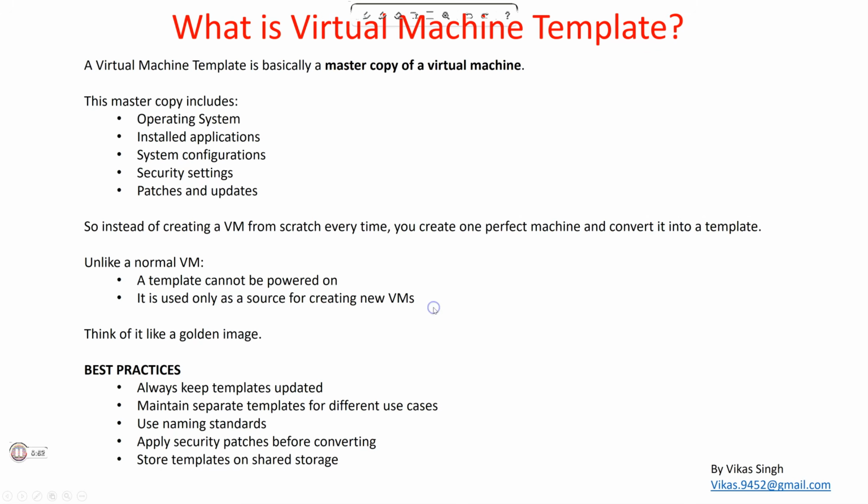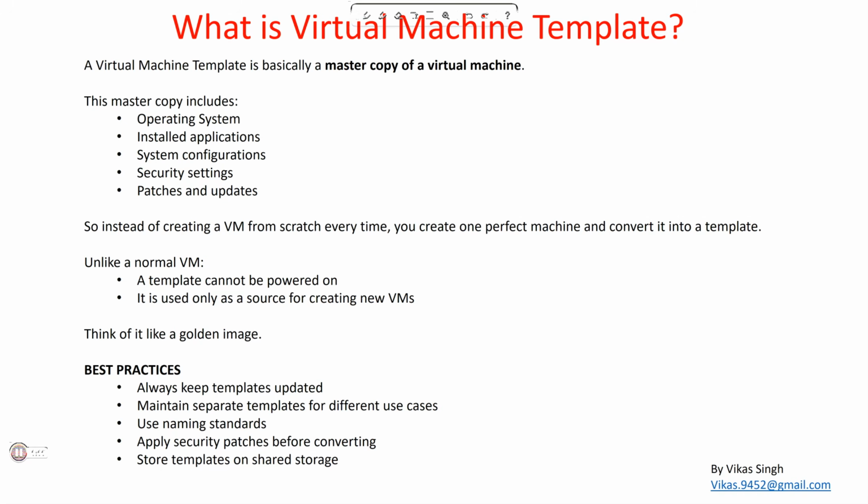So the very first and basic question: what is a virtual machine template? You can consider a virtual machine template to be a master copy of a virtual machine. This master copy includes the operating system, installed applications, system configuration, security settings, and the latest patches and updates.